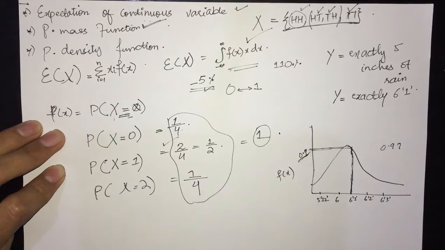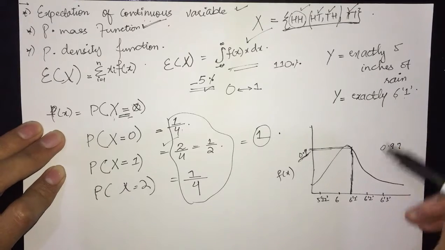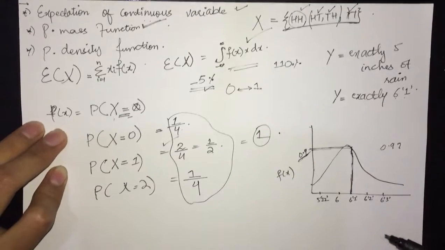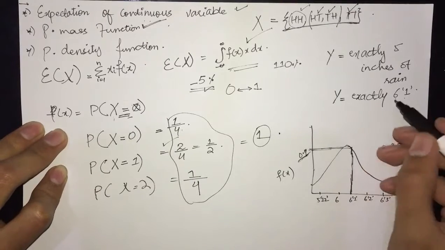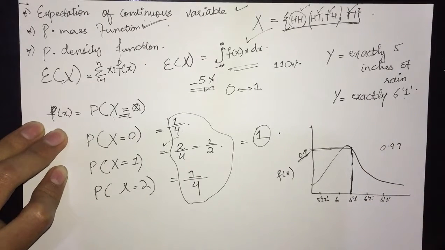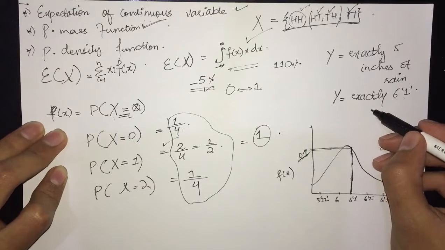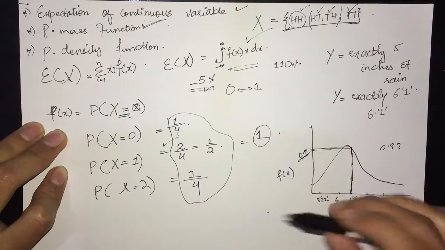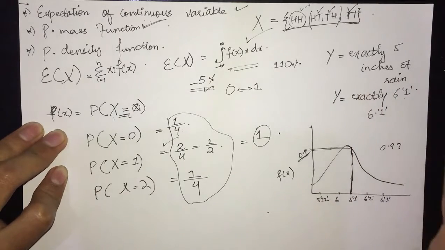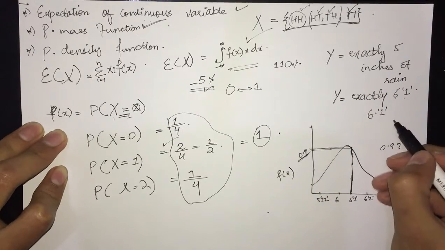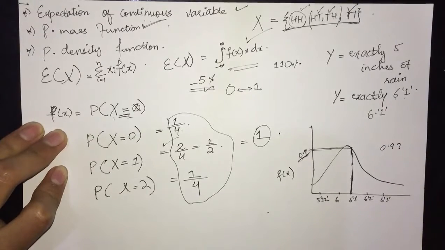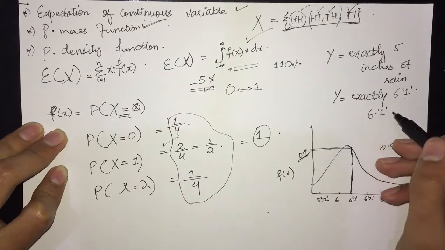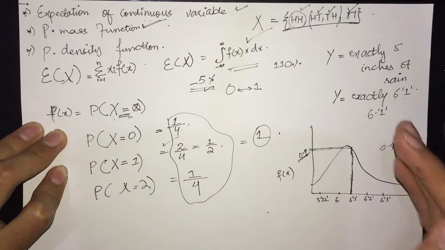The probability of my height being 6 feet and 1 inches is actually 0, because my height can be 6 feet and 1 inches, and then it can range up to 6 feet and 1.000001 inches or 1.000002, or it can range from 6 feet and 0.99999 inches.